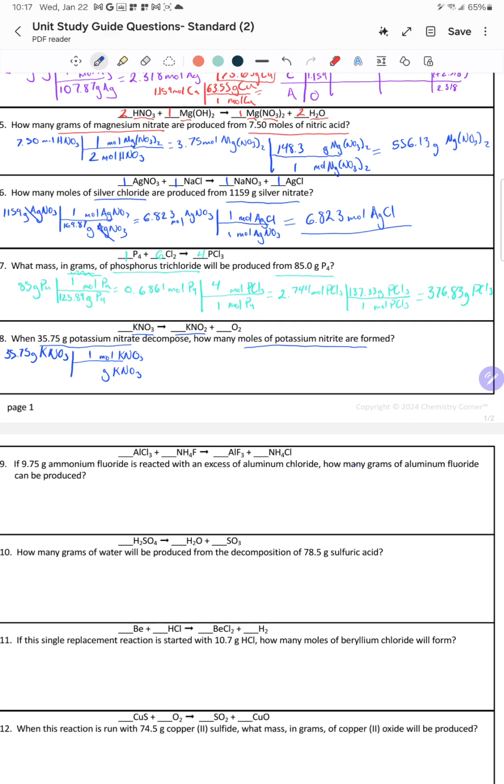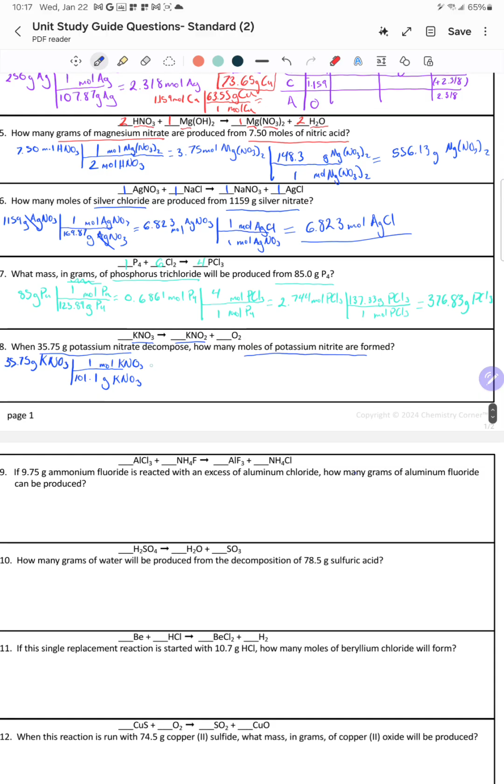All right, and I look up the molar mass for potassium nitrate. If you look that up, you should end up with 101.1 grams per 1 mole. Once I'm done doing this, I do my math, and I get a total of 0.3536 moles of potassium nitrate.